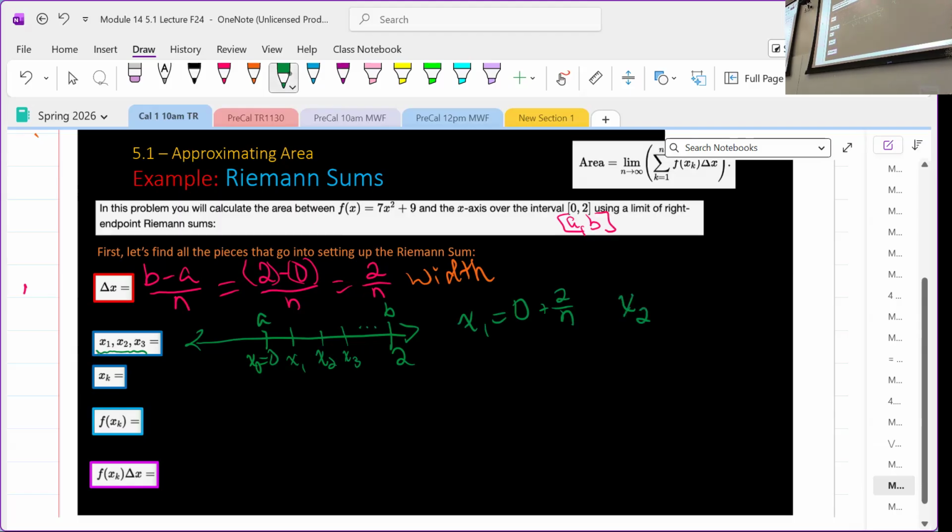My second x value is the previous x value plus the width again.